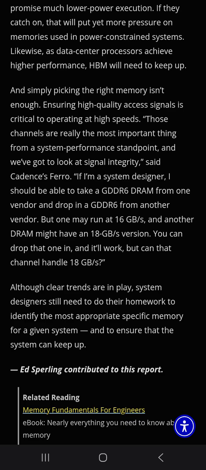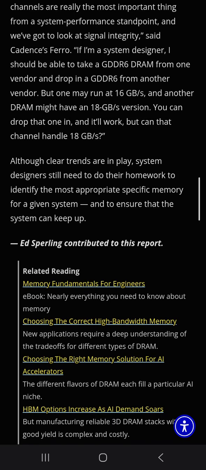You can drop that one in and it works, but you can't make that channel handle 18 Gb per sec. Although the clear trends are in play, system designers still need to do their homework to identify the most appropriate specific memory for a given system, and to ensure that the system can keep up.